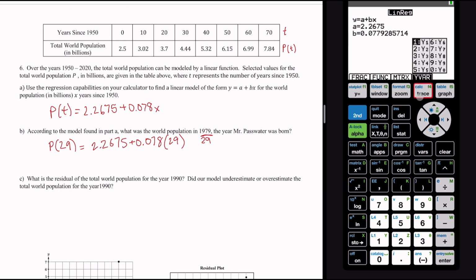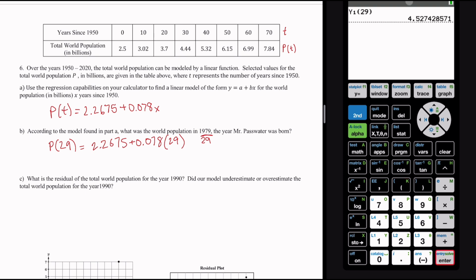So let's alpha trace that and get that Y, and parentheses to put in 29, and then that gives us 4.527. That should be the world population, and world population's in billions, so it's about 4.527 billion. So we can say about.